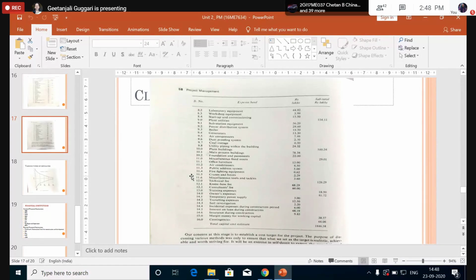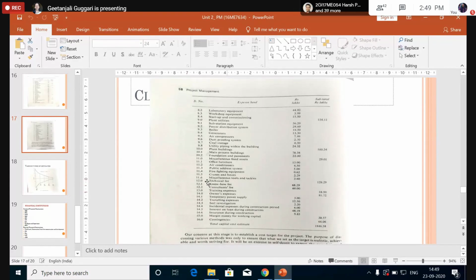The training expenses, owner expenses, temporary power supply, traveling expenses, soil investigation, air compressors, boilers, power distribution channel, substation equipments. So all that needs to be calculated and the total capital cost estimation needs to be done in detail for the definitive.